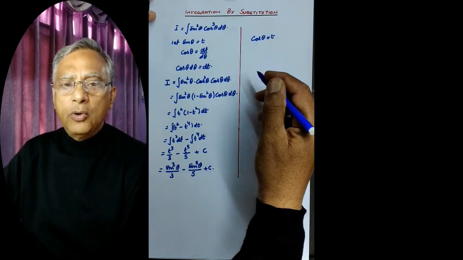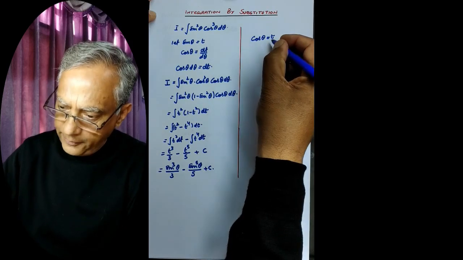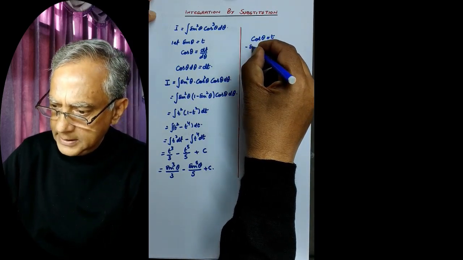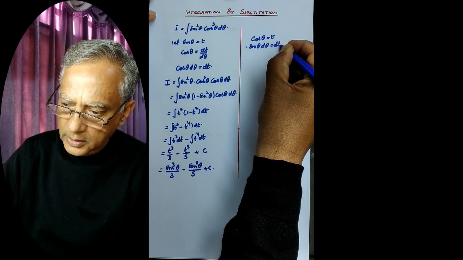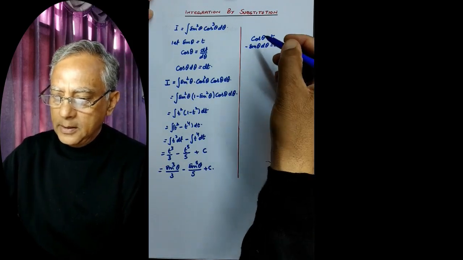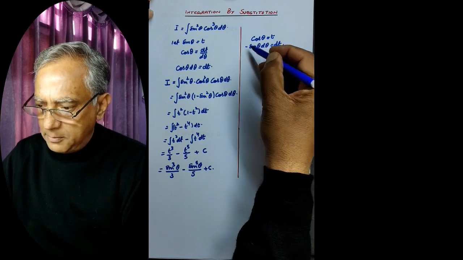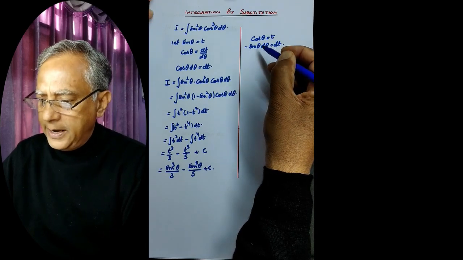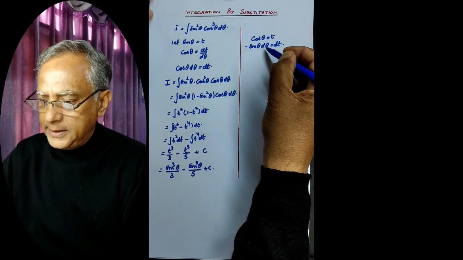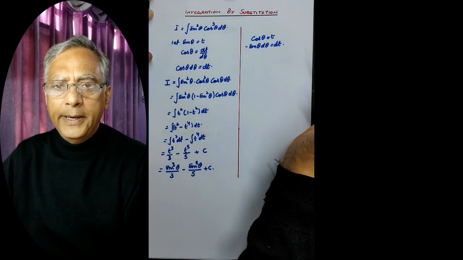Put cos theta equal to t. Then differentiation of cos theta is minus sin theta, which is dt by d theta, and we can directly write minus sin theta d theta is equal to dt.